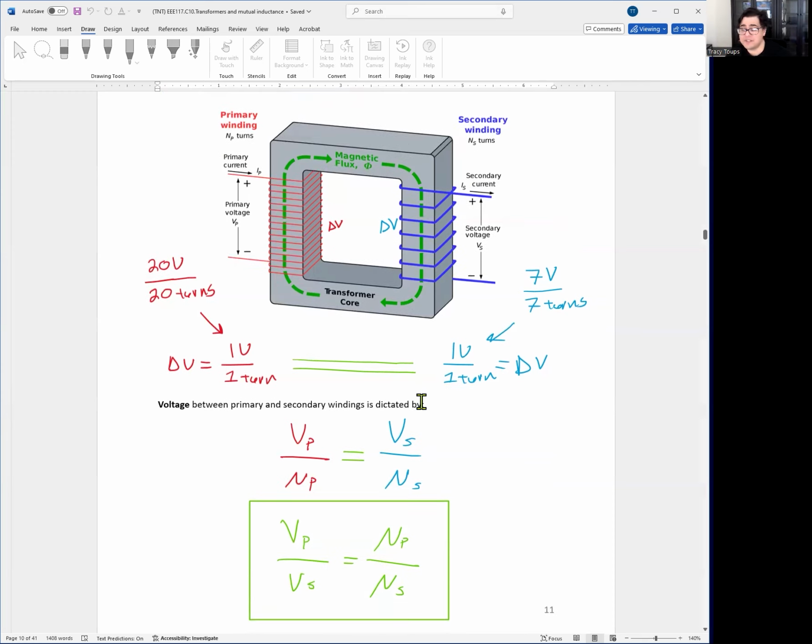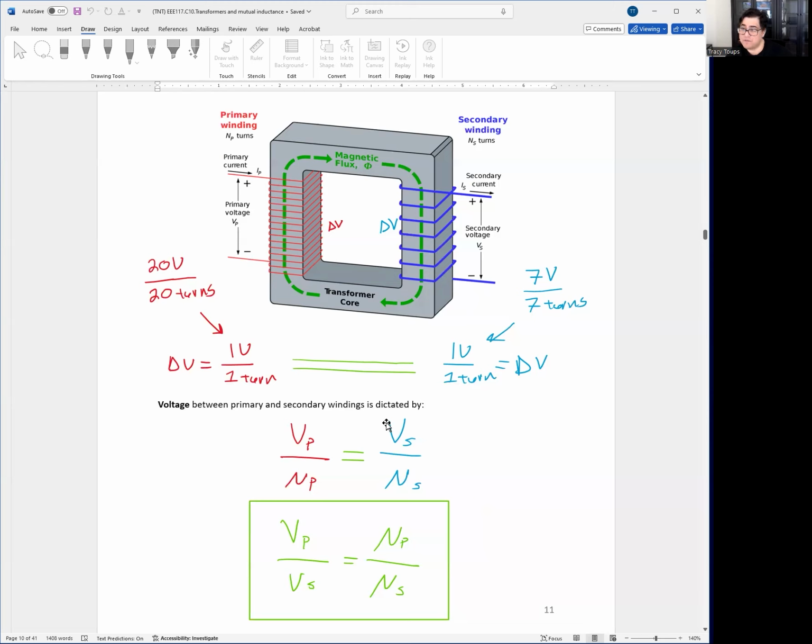So how do we use this? It's a very handy tactic for us that on the primary side, this ratio of VP over a volt per turn has to be the same ratio on the right-hand side. So they're both the same ratios. Then we could just say VP over NP, which is 20 volts over 20 turns, is going to be equal to the same ratio on the right-hand side, which is 7 volts over 7 turns.